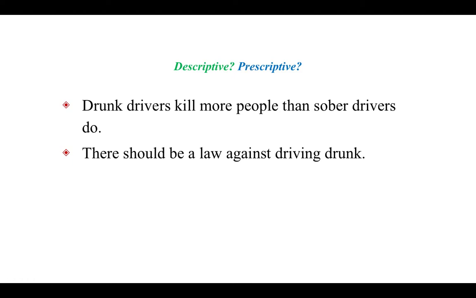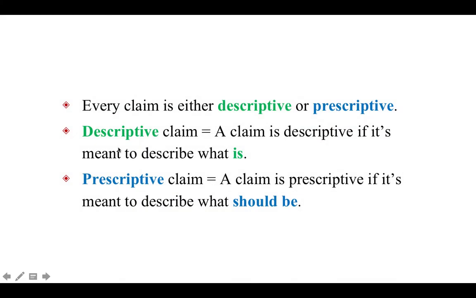You should be able to know which one is which by understanding the language in each sentence or each claim. Every claim is either descriptive or prescriptive. Descriptive is when you are trying to describe what is.